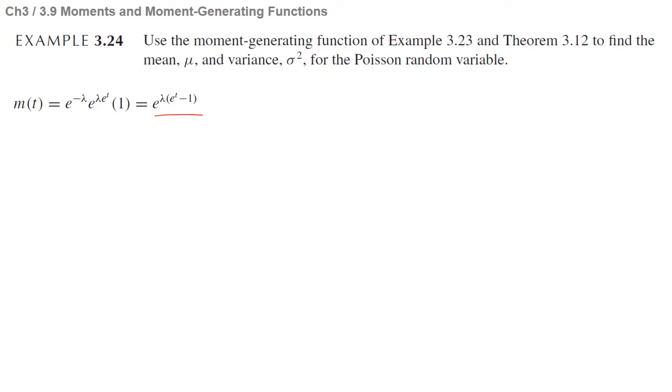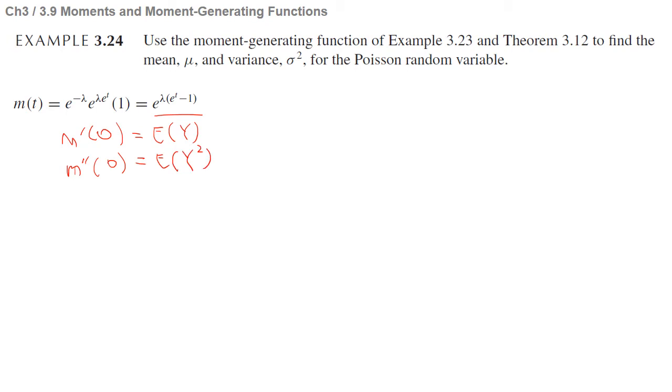By theorem 3.12, if we take the first derivative of this moment generating function and put 0 in, we get the first moment, which is the expected value of Y. If we take the derivative two times and put in 0, we get the second moment.